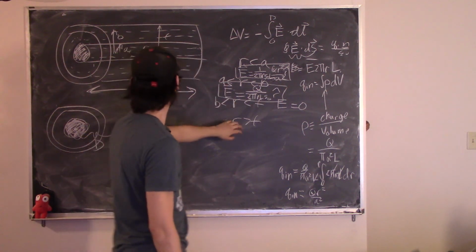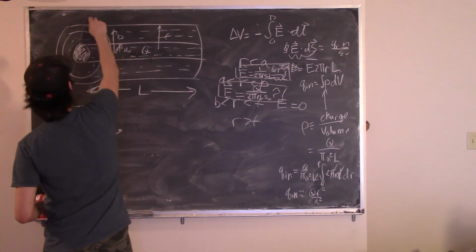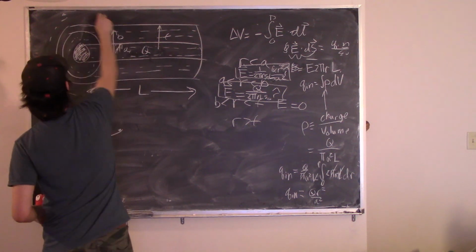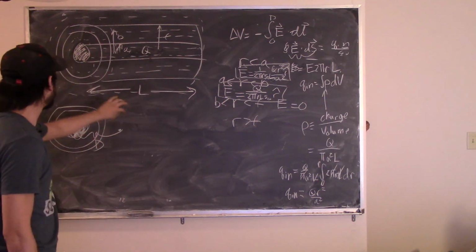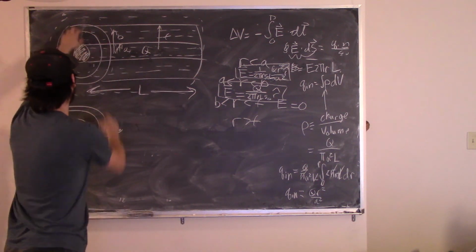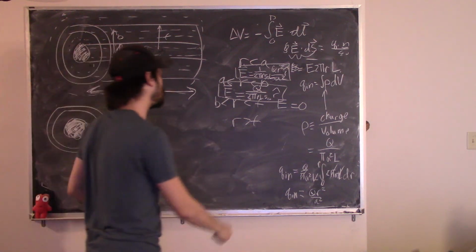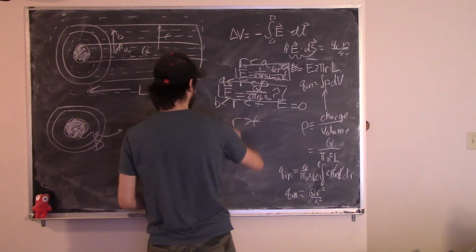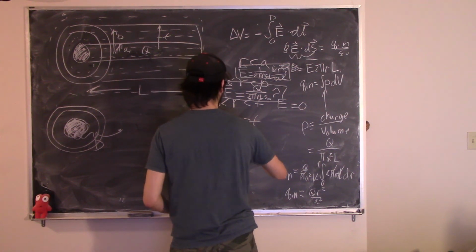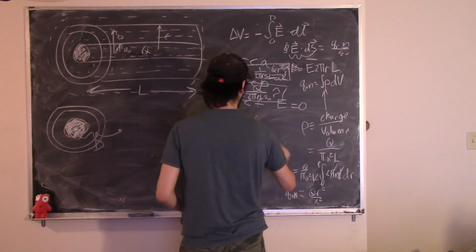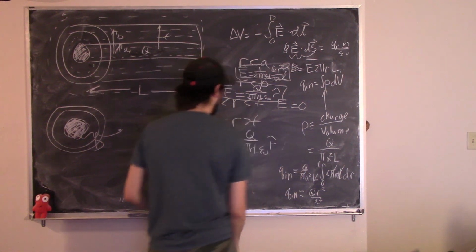And now when I'm enclosing the whole thing all the way on the outside, there's no charge on the conductor, which means when I go from this region to this region, I'm not actually enclosing any more charge. And so this electric field here is going to be the same. E vector is equal to Q divided by 2 pi r L epsilon naught times r hat. Okay.